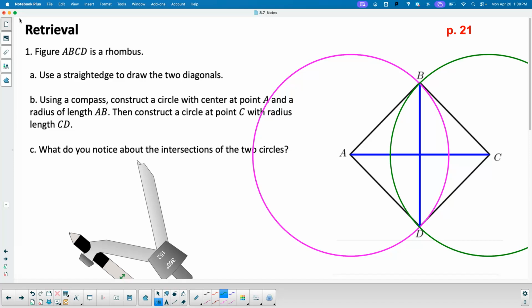Both of those are the same because it's a rhombus. It only works in a rhombus or a square, but only in those two. The only difference between a square and a rhombus is a square has perpendicular sides, or perpendicular angles, I should say. Love it.